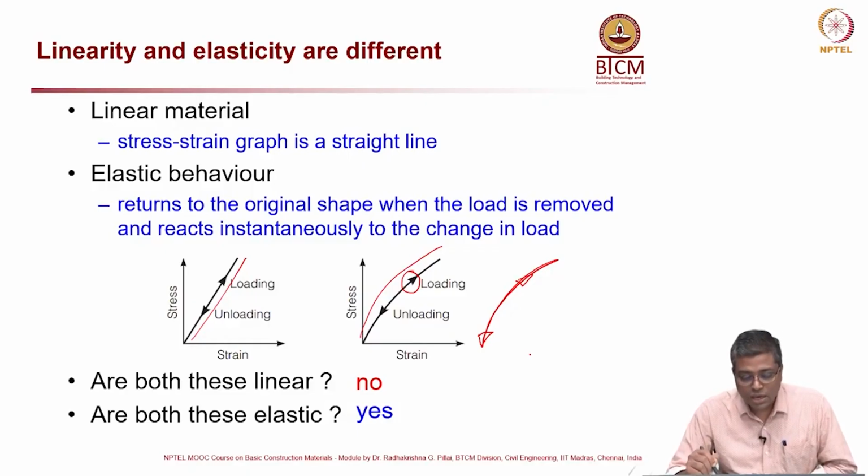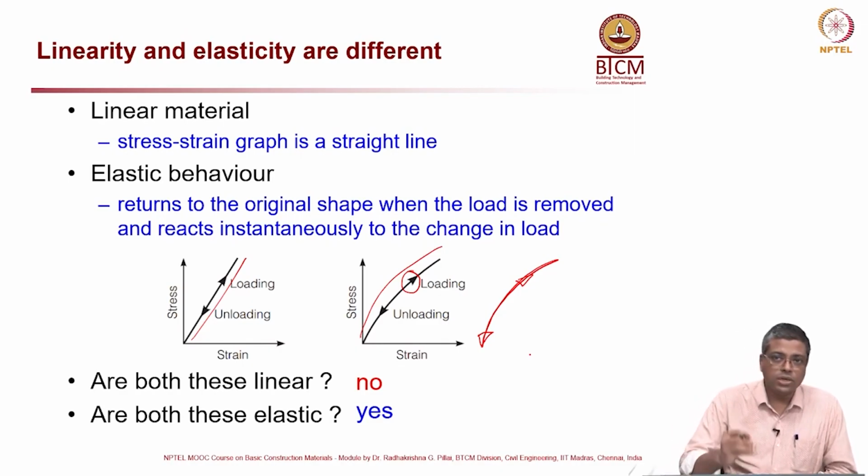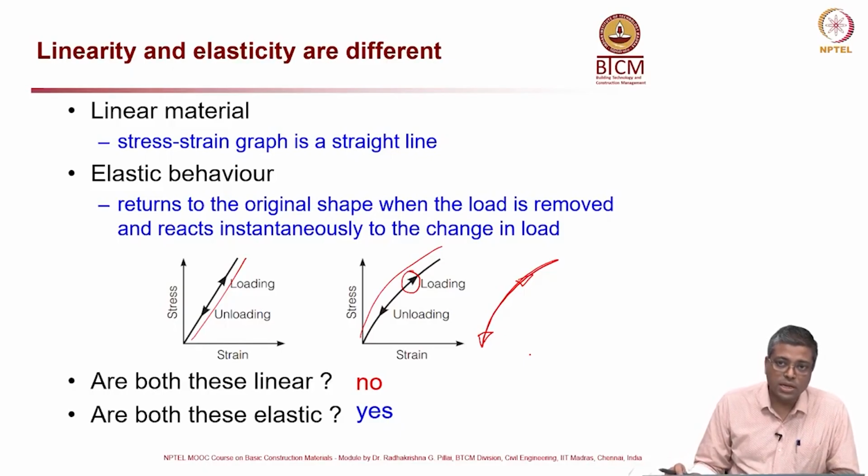In other words, it retains the original shape, or comes back to its original point when the load is removed, so there is no permanent strain during the loading and unloading process. If that is the case, then we can say it is elastic.